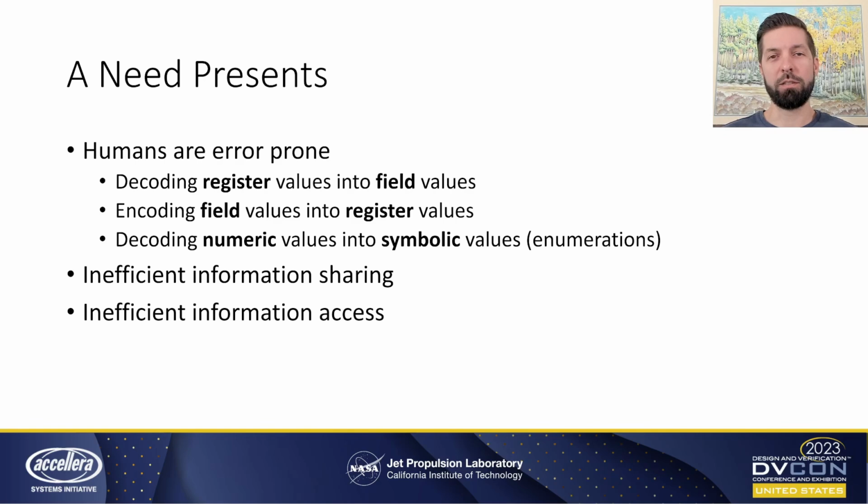And then not only inefficient information sharing, but inefficient information access, right? These documentation systems are just inefficient. There's overhead in getting access to the information. If it's on some website behind an authentication page, you have to enter that information, or if it's in a Word document, you have to wait for Word to load up.